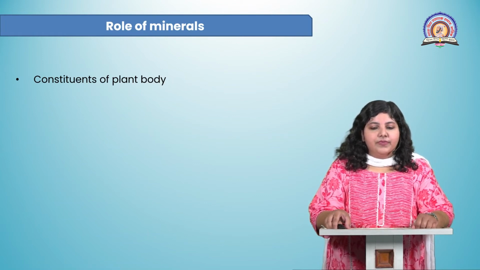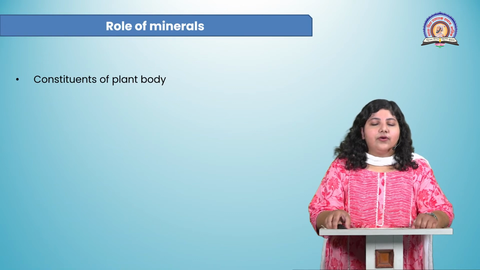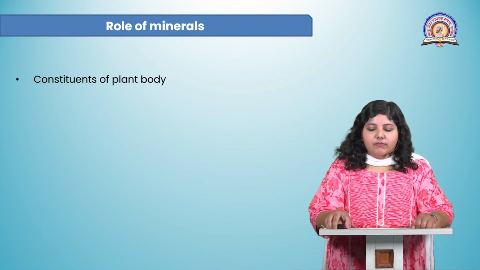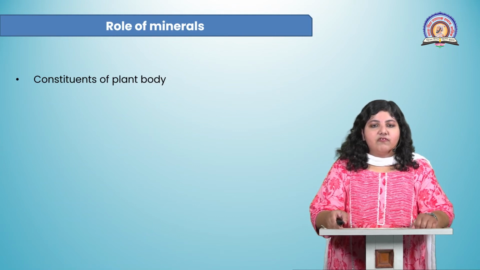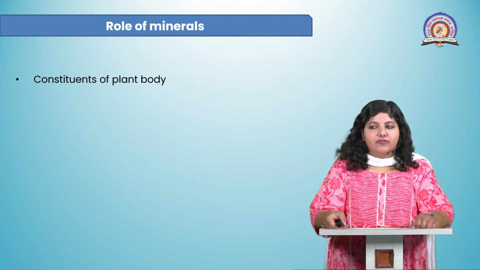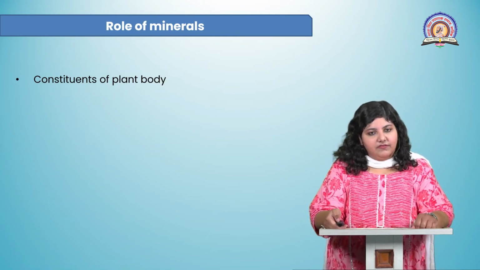And also, if we see the other macro elements, for example, carbon, hydrogen, and oxygen, they are also important structural constituents of plant body. So that is the major role of minerals. These minerals are important constituents of plant body, and they are important part of different structural elements of the plants.